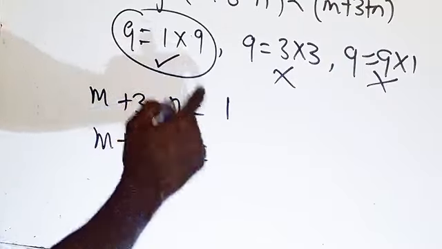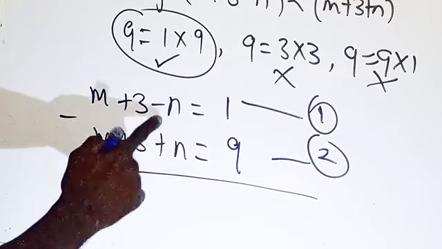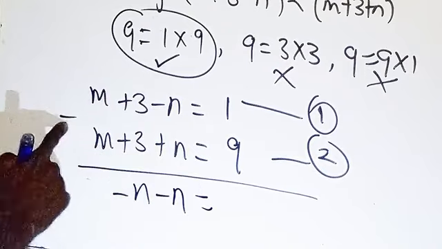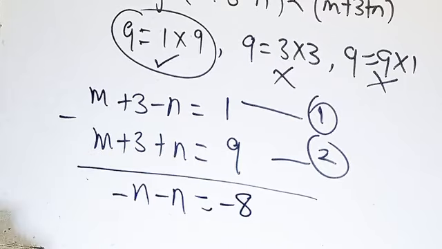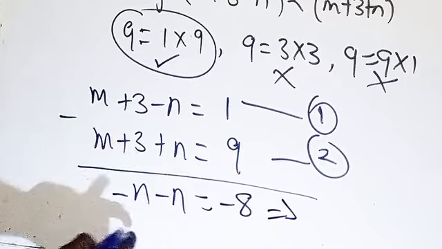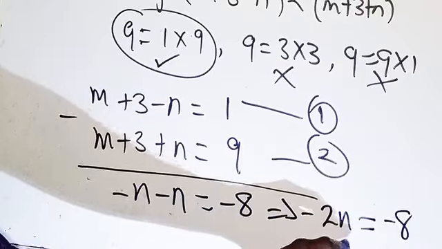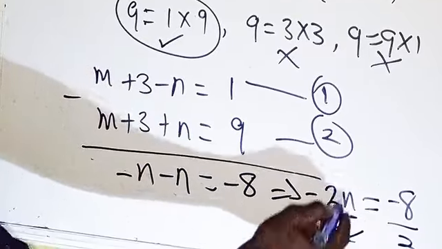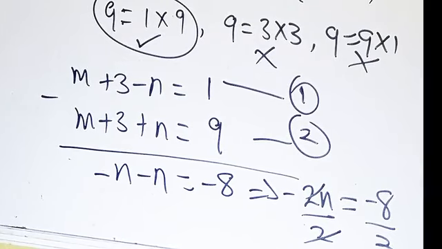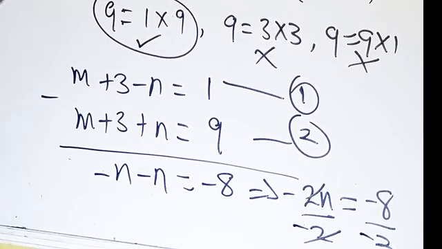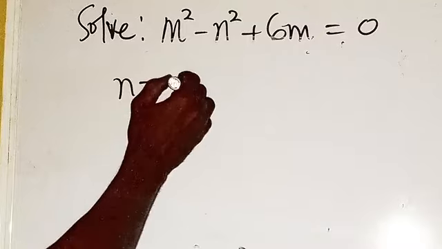If we do subtraction here, m minus m is 0, 3 minus 3 is 0, minus n minus plus n gives minus 2n, and 1 minus 9 is minus 8. So minus 2n equals minus 8. Then we divide both sides by 2, and n equals minus 8 divided by 2, minus over minus, so n is 4.